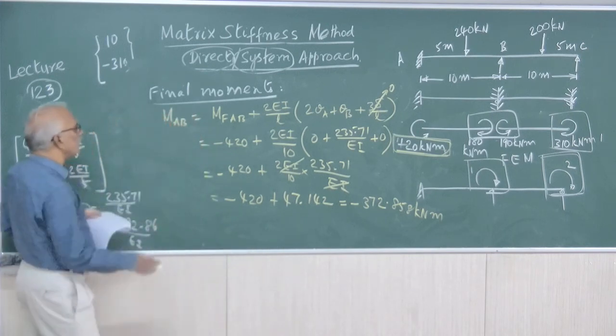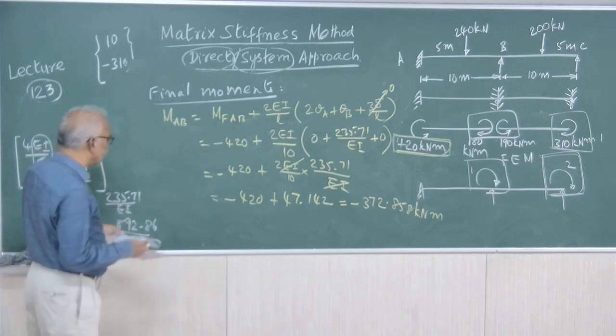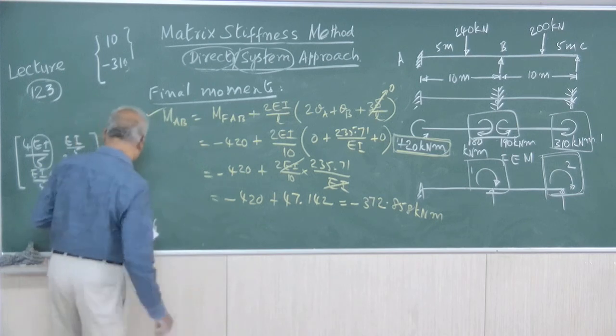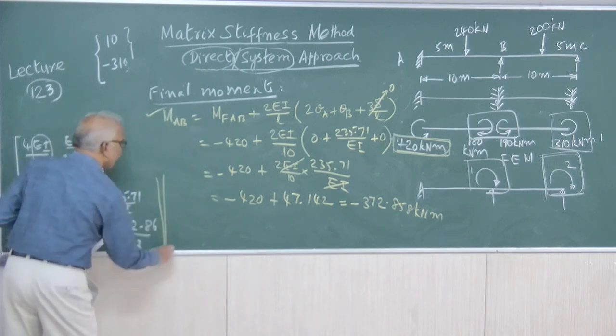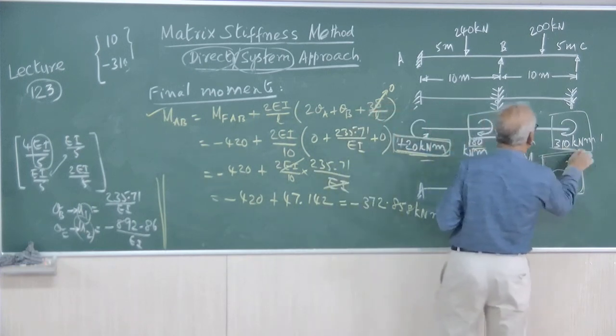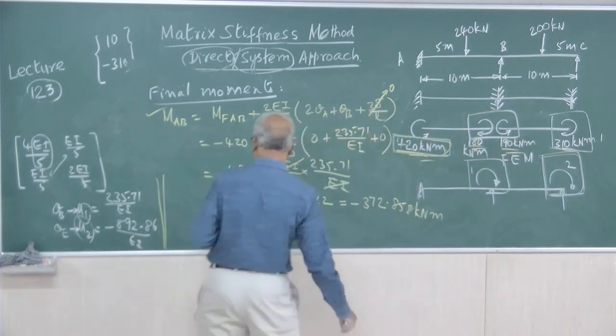Similarly for the other calculations, because we are familiar with the slope deflection method, I need not do all the calculations, as this is an elementary calculation. Simply write down the slope deflection equation, substitute theta B and theta C, and also the fixed end moments, which are readily available, and get the values.